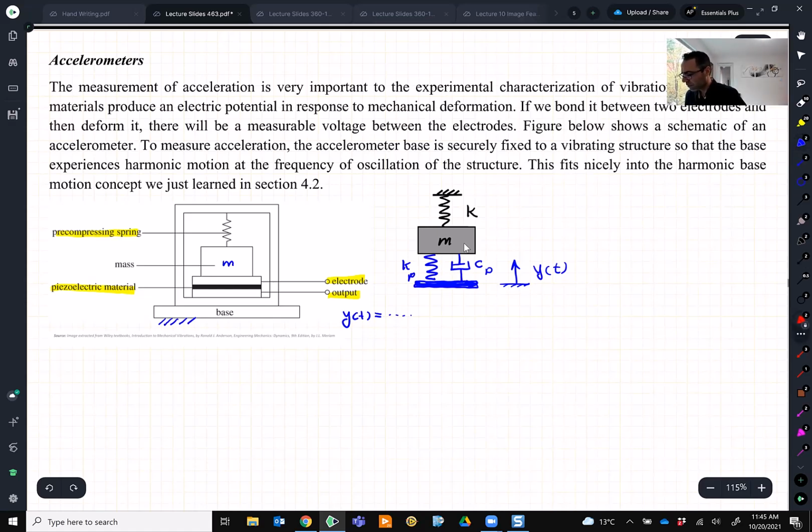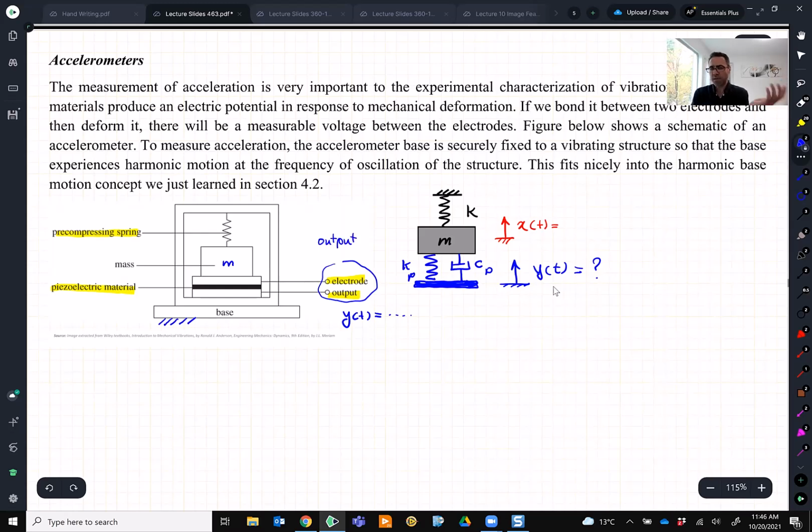So you can now find how much M is vibrating, x. So you can find x(t) if you know y(t). But when you use a sensor, actually y(t) is the question. What is y(t)? Instead, we get some electricity here, so this is our output.